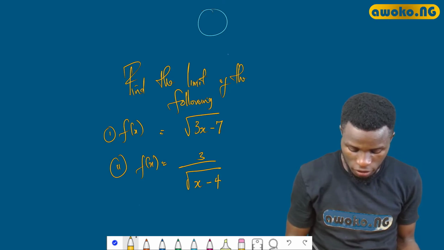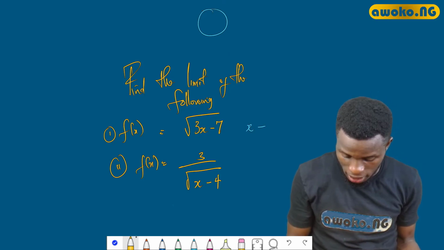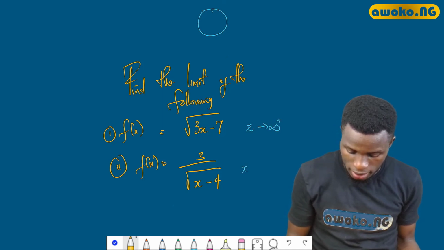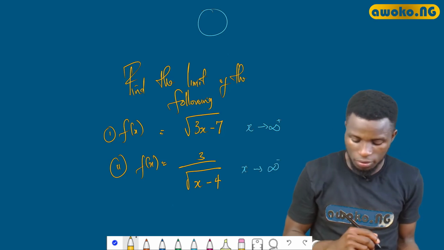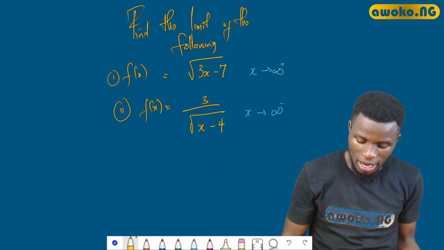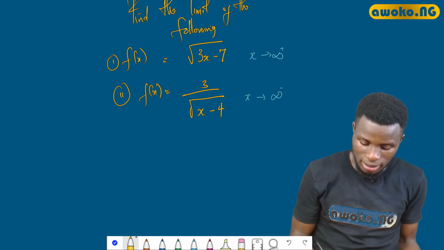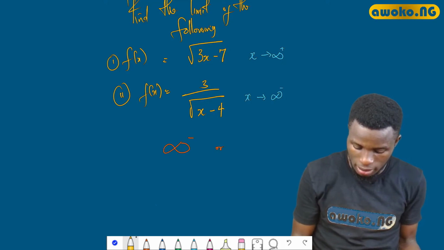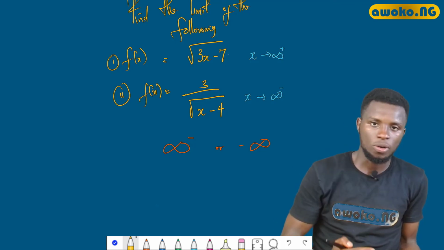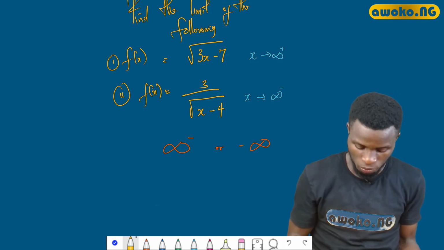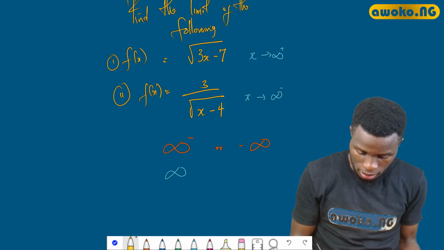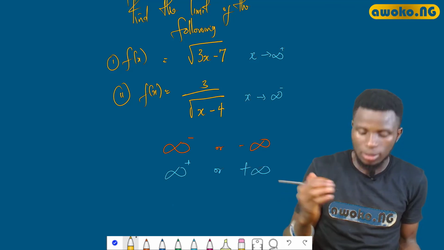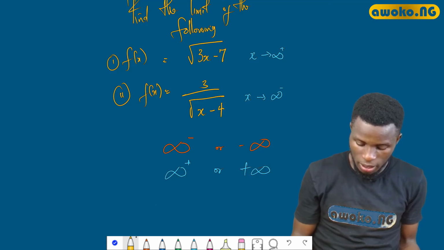In the first case, x tends to positive infinity, and in the second case, x tends to negative infinity. Some textbooks will write it as this, while some will write it as this. Don't get confused. They are still the same thing.